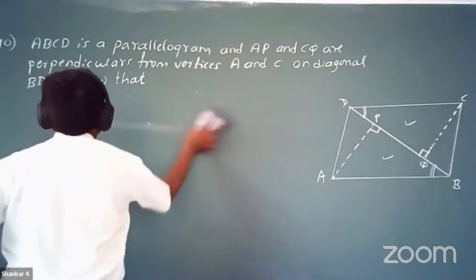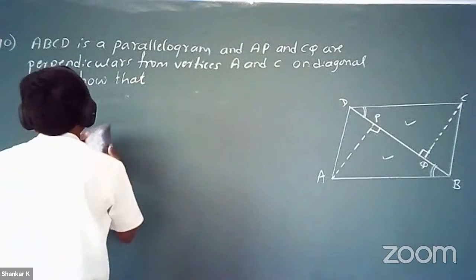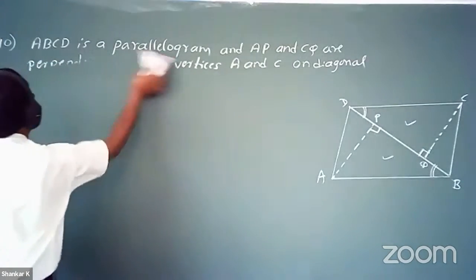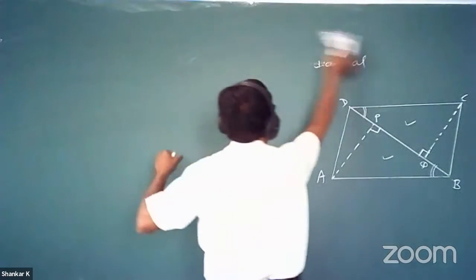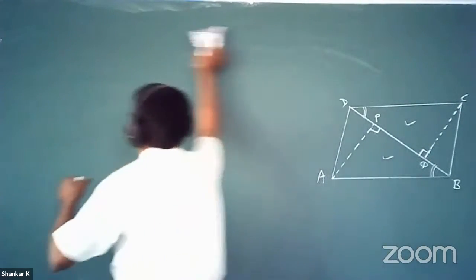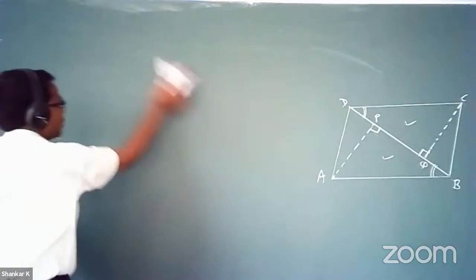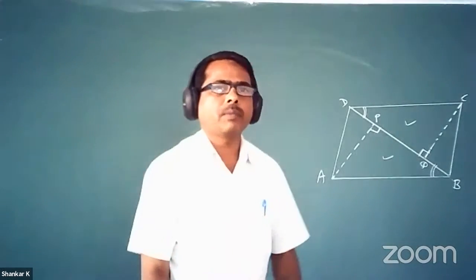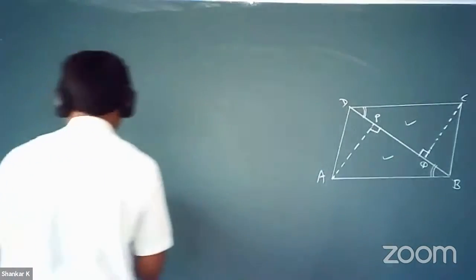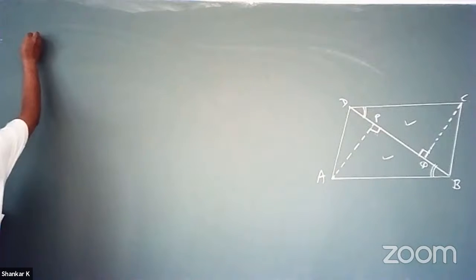In this sentence only it is there. ABCD is a parallelogram. And the points P and Q. How you got points P and Q you should write. That is, AP is a perpendicular drawn from vertex A. So we shall write it.